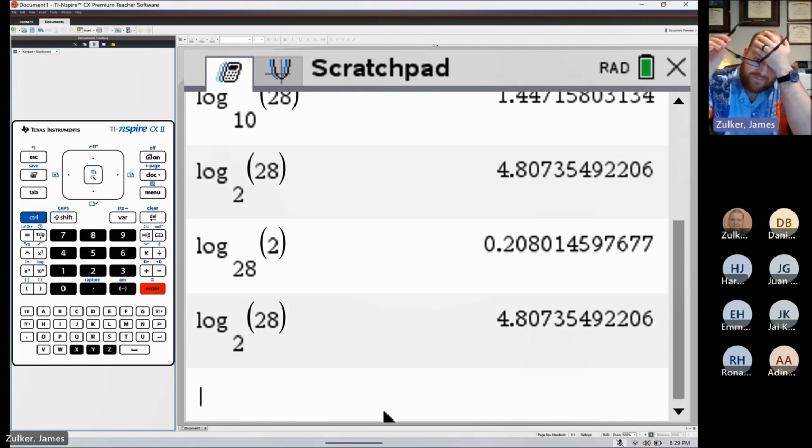There is another way to do it that we're going to look at when we study properties of logarithms, which I could probably start tonight and possibly even finish.